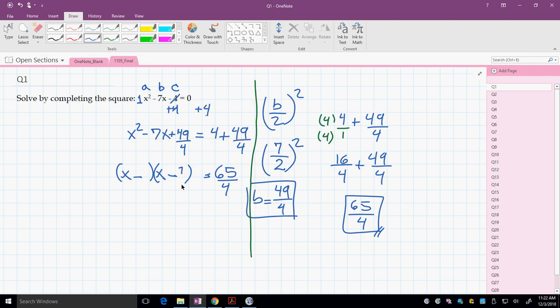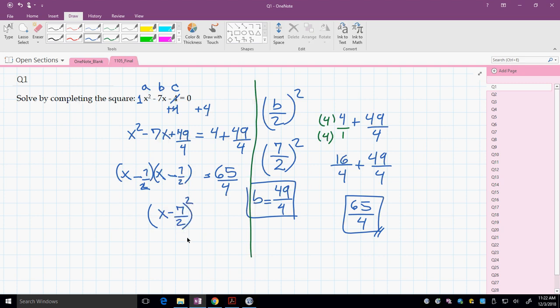So it's going to be 7 over 2, 7 over 2. This is a perfect square trinomial. That means a is a perfect square and c is going to be a perfect square as well. We have 2 parentheses that are exactly the same. That has to happen every time we're working with completing the square.